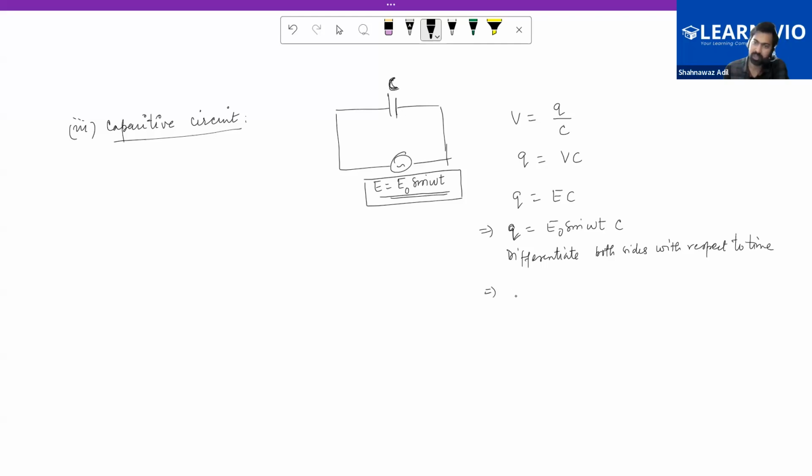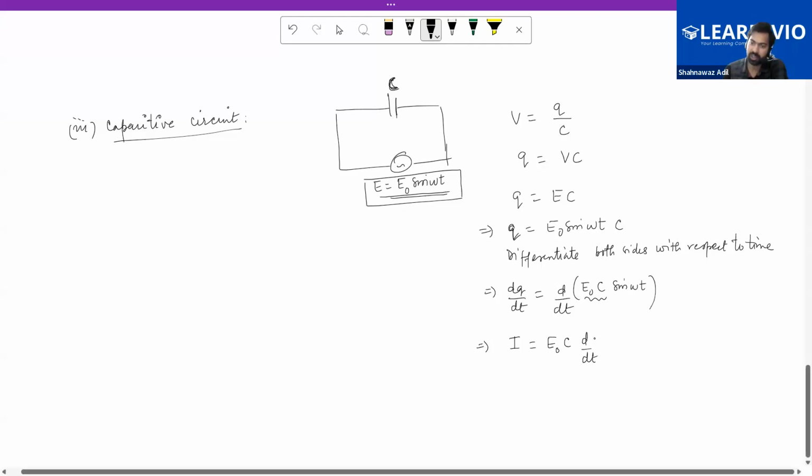So what I will get is dq by dt equal to d by dt of E naught C sine omega t. So dq by dt is the desired thing, that is the current that we want. But these two things are constants, so E naught and C are taken outside. And then we have to differentiate sine omega t.